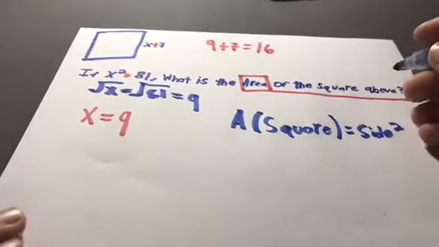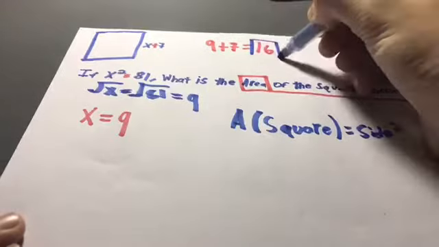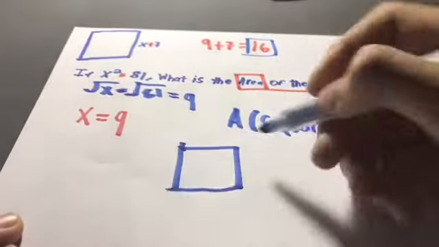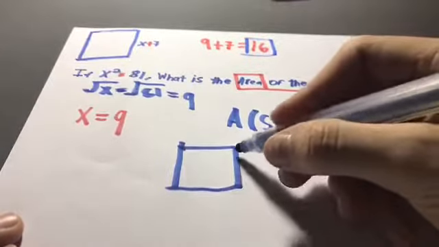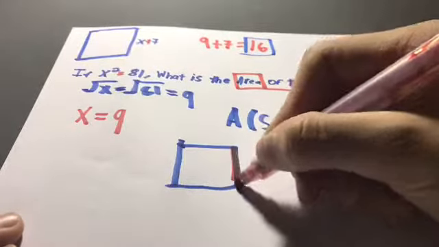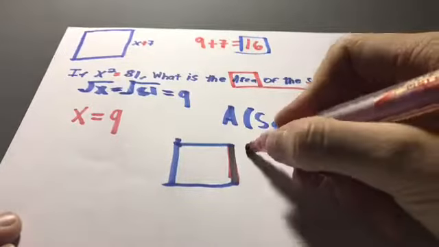What that means is basically what we have to do is take the 16, this 16 right here, and let me just rewrite the square right here. Square, and one side, this side right here, it'll be 16.